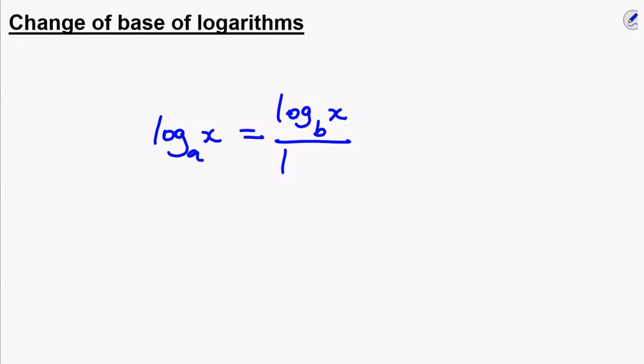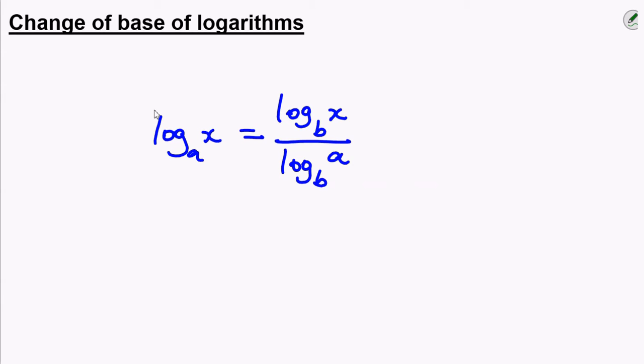We can change the base of logarithms. For example, if I have log to base a of x, I can change this to log to base b of x over log to base b of a.